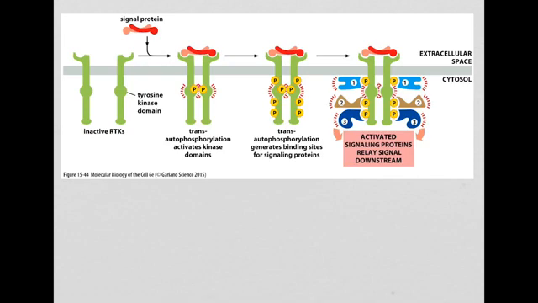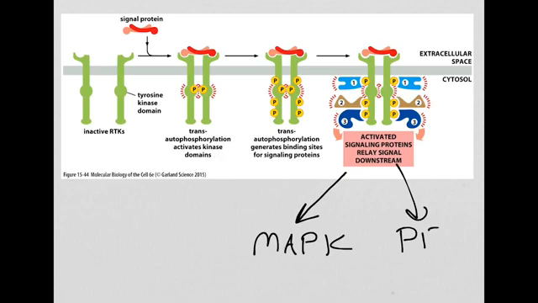Now, we'll talk specifically about those pathways, or at least two of them, but while I'm here, I'll just go ahead and tell you that we're going to simplify things by just indicating that among the important downstream pathways associated with this activated tyrosine kinase receptor and its phosphotyrosines are going to be the so-called MAP kinase pathway and the PI3 kinase pathway.